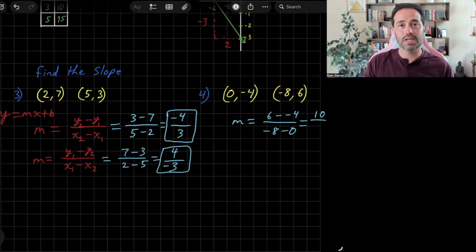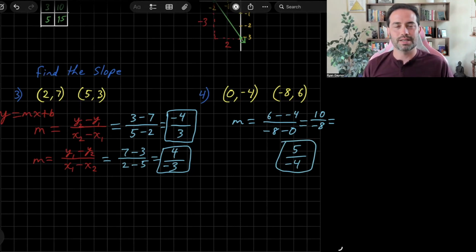And then we have -8 minus 0. That would just be -8. If we reduce that, the number 2 goes into both numbers. So 10 divided by 2 would be 5, and -8 divided by 2 would be -4. So we have -5/4, and that is our answer.